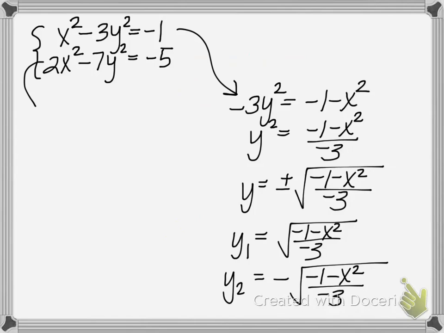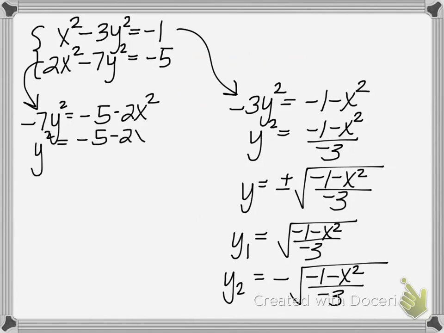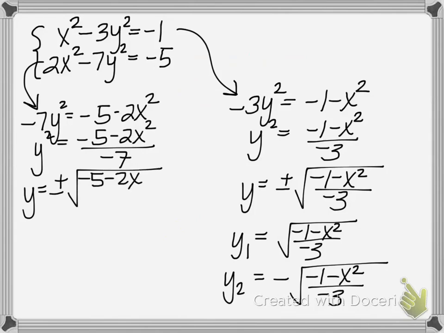And then we would need to do the exact same thing for my bottom curve, my bottom hyperbola. So once again, solving for y, we would subtract 2x squared from both sides, divide by negative 7, and then square root both sides. So we would end up with y equal to both the positive and negative square root of negative 5 minus 2x squared, all divided by negative 7.